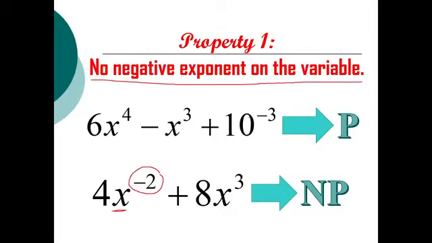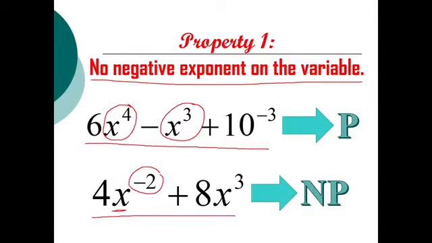10 is not a variable. It's a constant. Look at the variables here. That's a positive exponent. And that is also a positive exponent. So therefore, this is a polynomial. This one is not a polynomial.